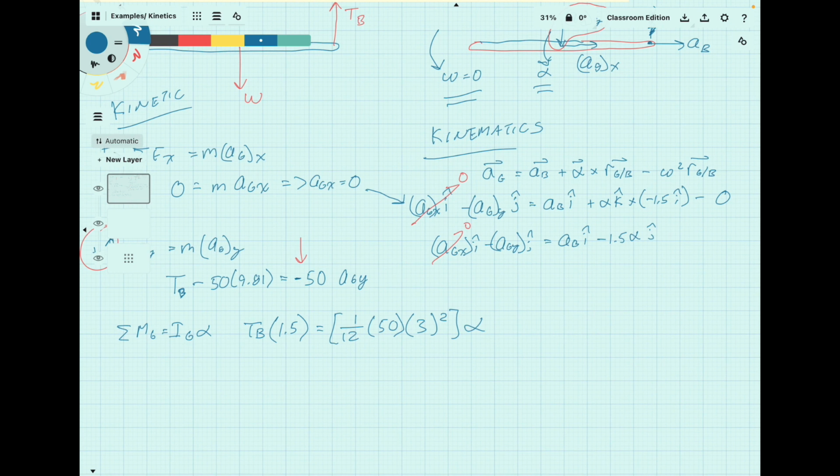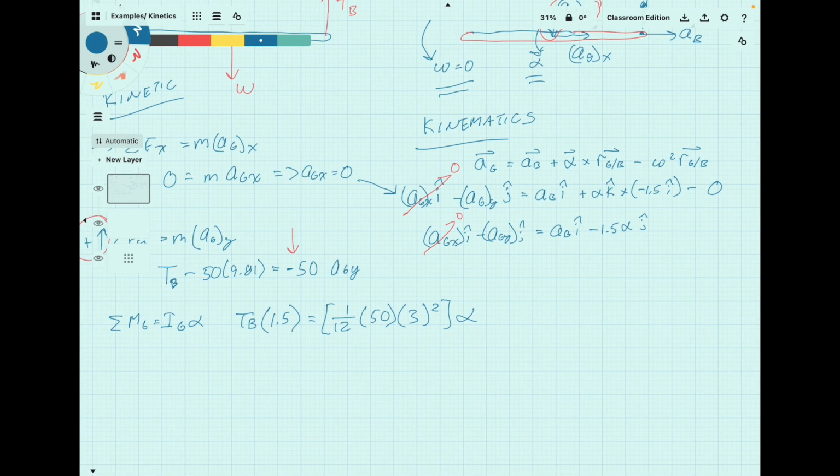Okay, so from there, what do we want to do? Let's go back to the kinematics real quick, and that's essentially what we have there. And if I split that into components, what I'm going to get is 0 is equal to AB i, so essentially no acceleration at B whatsoever. We've proven that.